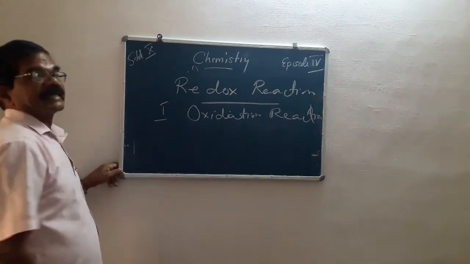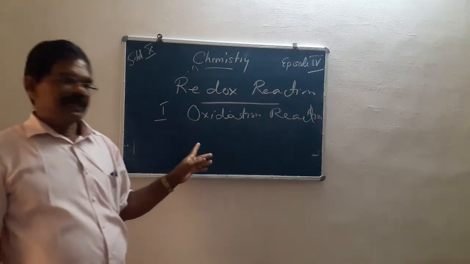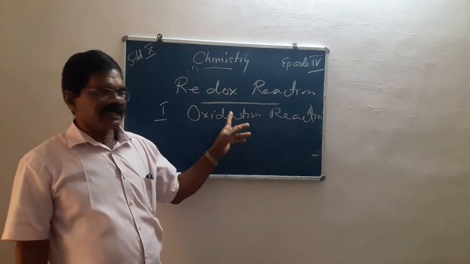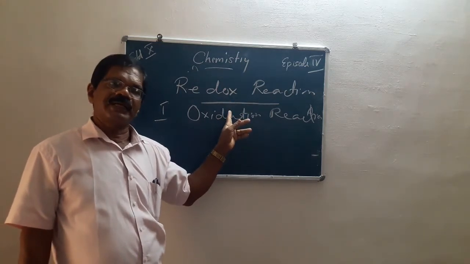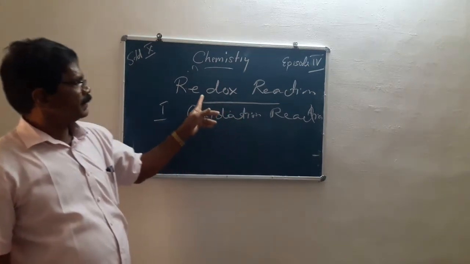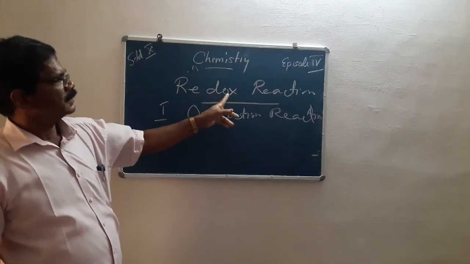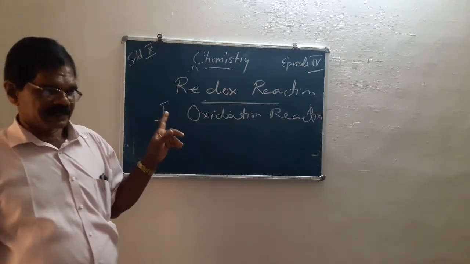Two, reduction reaction. If two reactions are taking place simultaneously, it is known as a redox reaction. Redox means reduction plus oxidation.